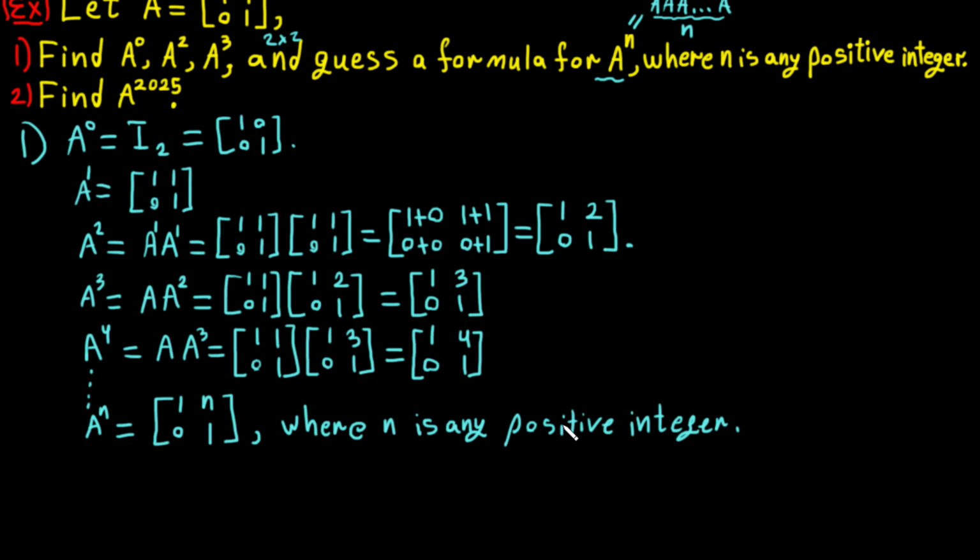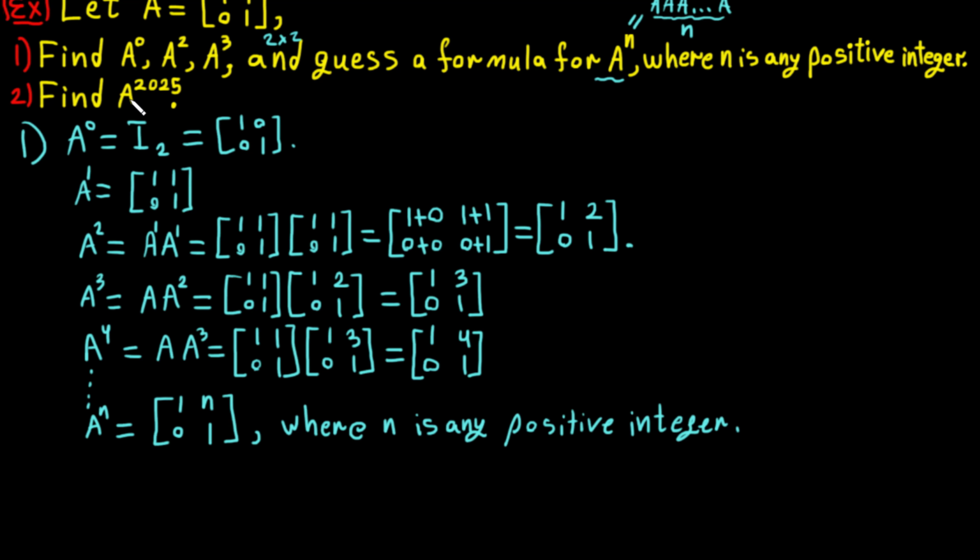And of course, you can write it for any non-negative integer since it's valid for A bar 0, so you can write it for any non-negative integer. So we have solved the first question here.